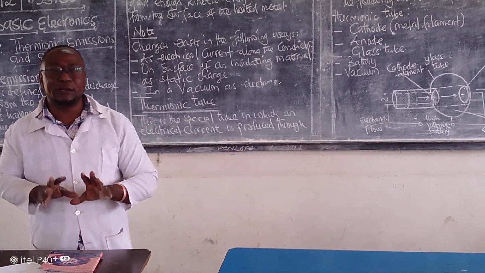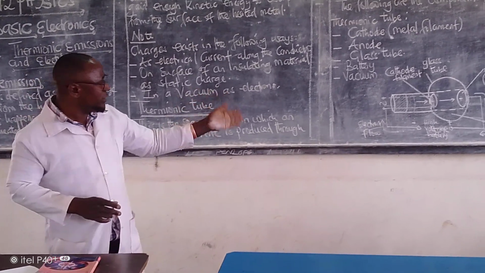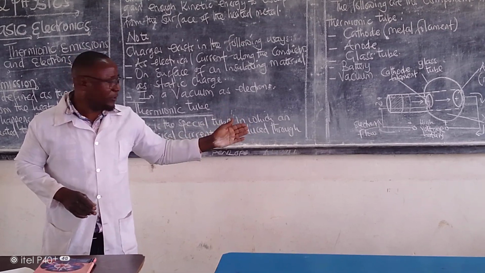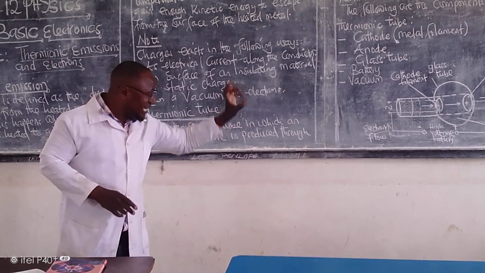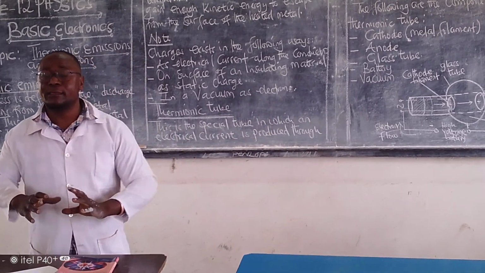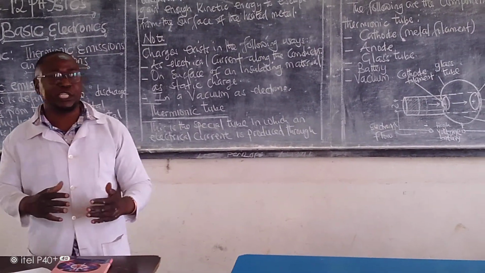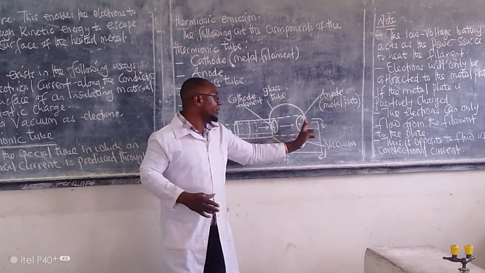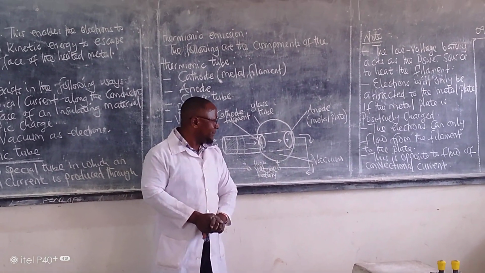So once we increase the voltage supply, maybe by putting a battery that has got a high EMF or voltage, then by increasing that, you have increased the acceleration or the rate at which the electrons will move from the filament going to the anode.